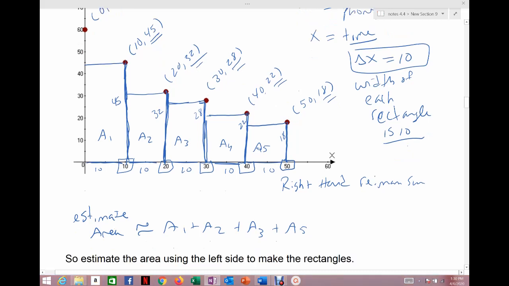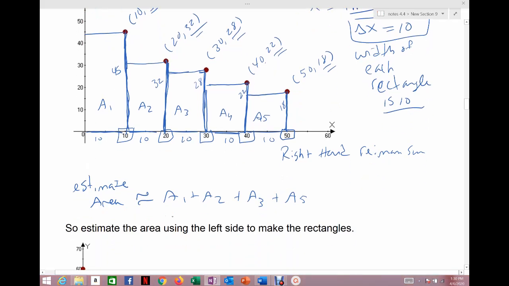And so when I find those, I'm going to take the area of my first one. The area of rectangle 1 is 10 times 45, which is 450. The next rectangle is 10 times 32, 320. The next one is 10 times 28, 280. The fourth rectangle is 10 times 22, so 220.